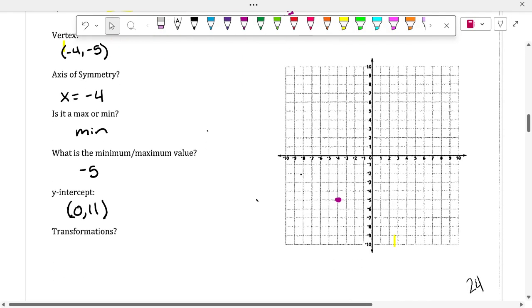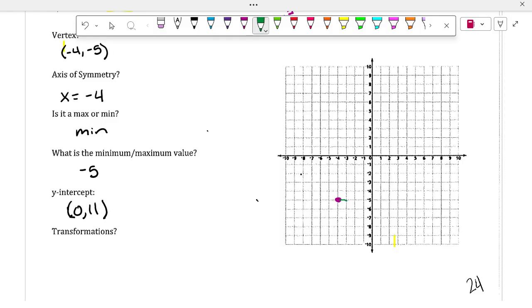So if I go 1 unit away from the vertex, what's 1 squared? 1. So that means I'm going to rise 1 point from there. Now, the great thing is that since we know the axis of symmetry is right here at -4, we can find its reflection buddy on the other side.